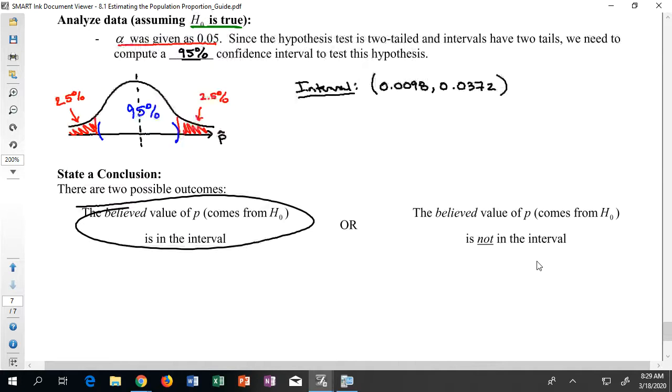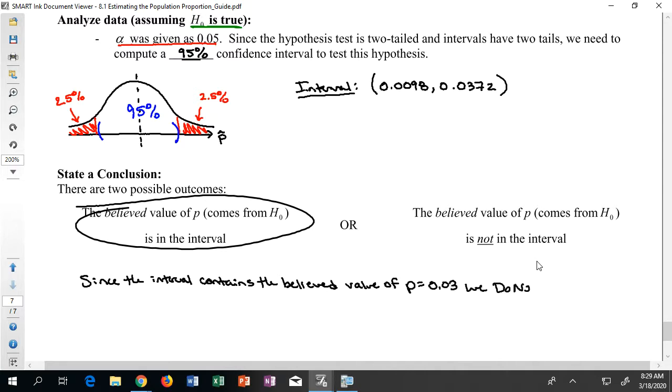So I'm going to go ahead and state the following. I'll say, since the interval contains the believed value of p equaling 0.03, we do not reject H naught. We're going to stick with it, right? It seems pretty reasonable.